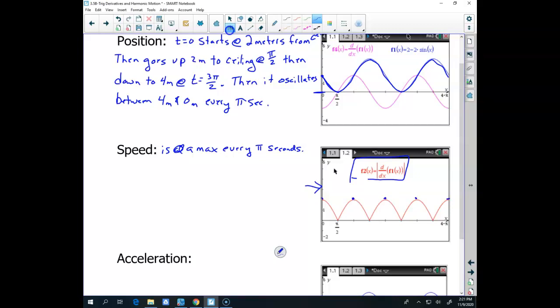What do you notice about that speed on your velocity curve? Well, that is your velocity curve reciprocated, but what do you notice about that speed on your position curve? Oh, it's a point of inflection. Maximum speed. It's a point of inflection.